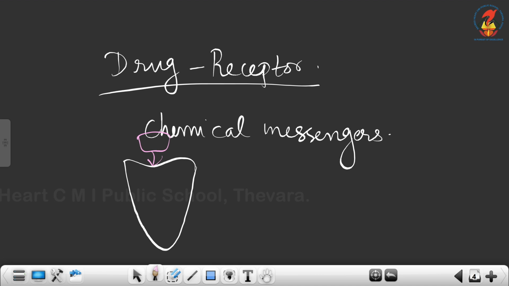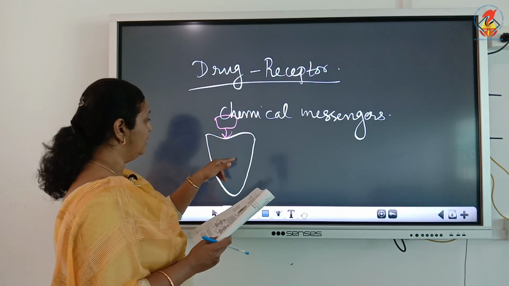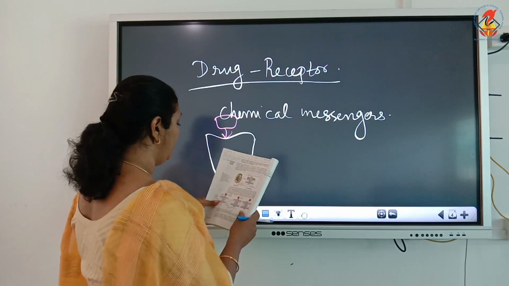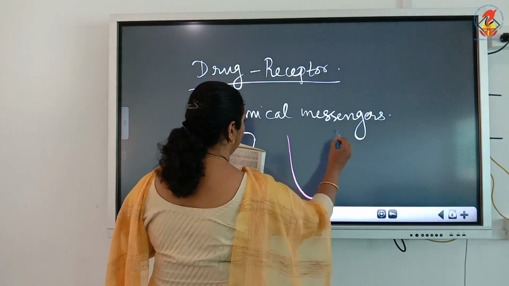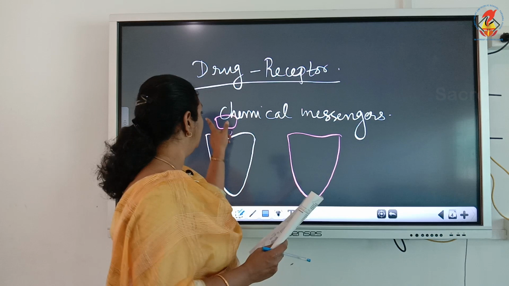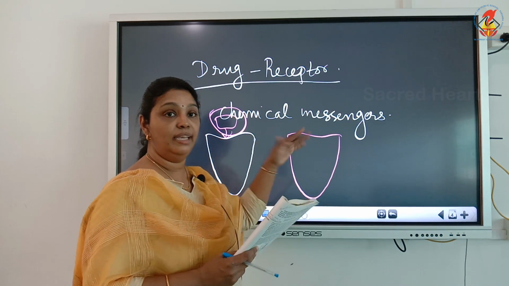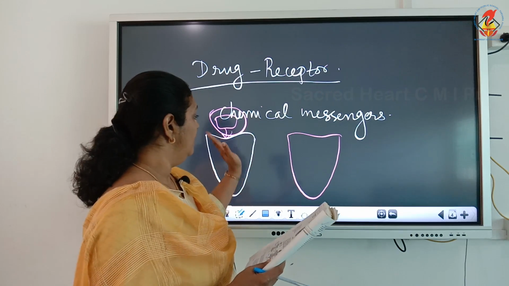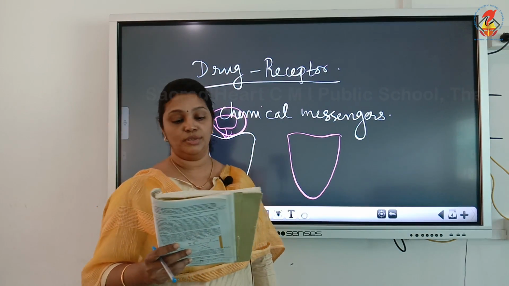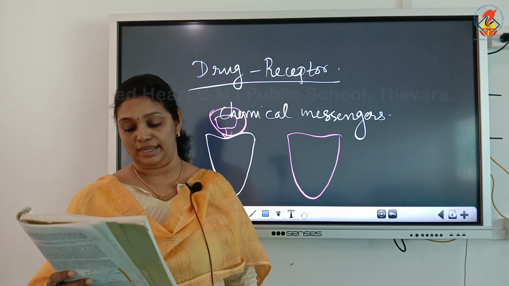It will bind to the active site of the receptor, and when it comes to attack the active site, the shape of the receptor changes. After the communication is done, what will happen? This chemical messenger will leave that binding site and the receptor regains its original shape. So that is receptors as drug targets.